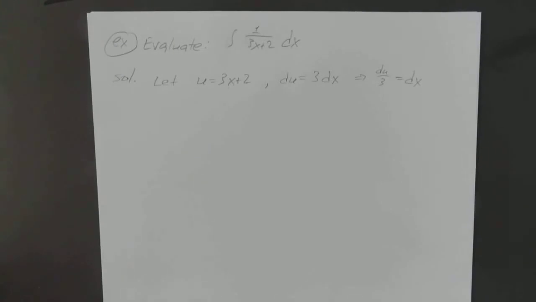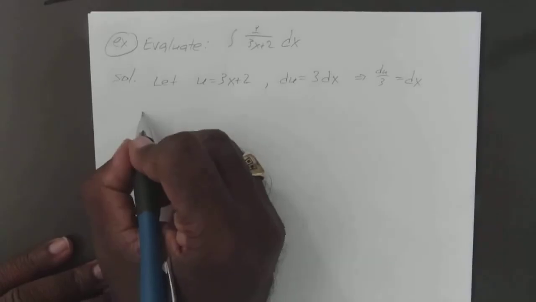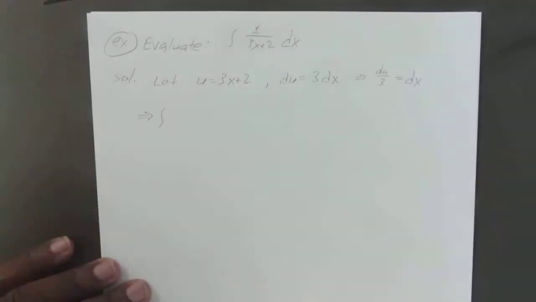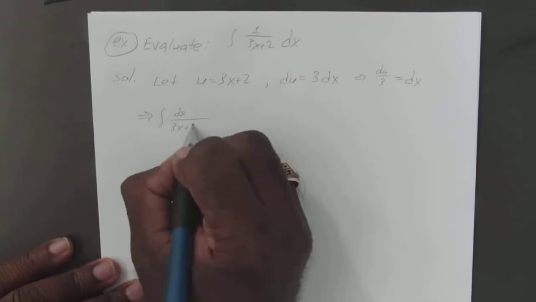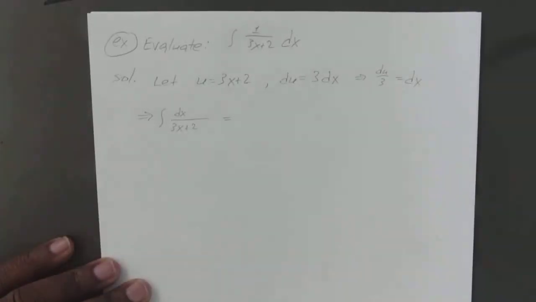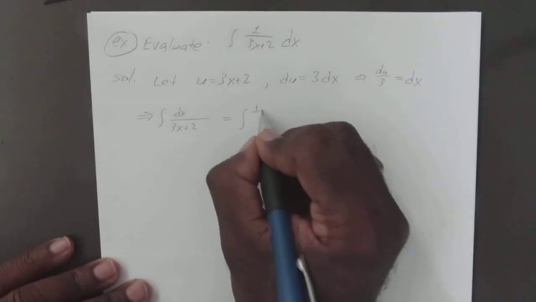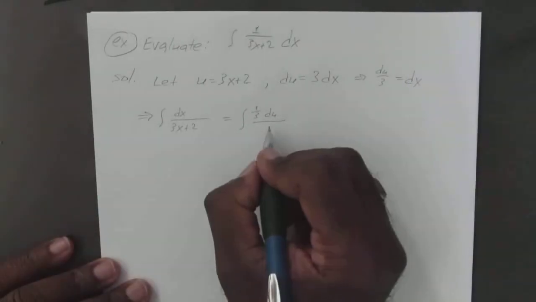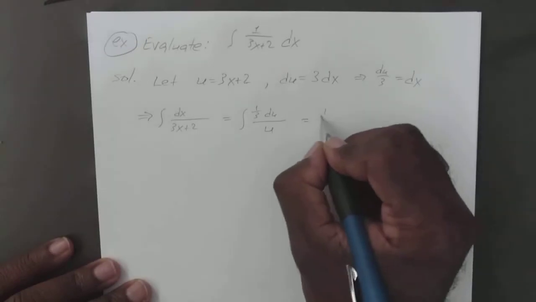If you divide both sides by 3, du divided by 3 equals dx, or you can make it 1/3 du. That means the integral of dx over 3x plus 2 is the integral of 1/3 du over u, since 3x plus 2 is your u.